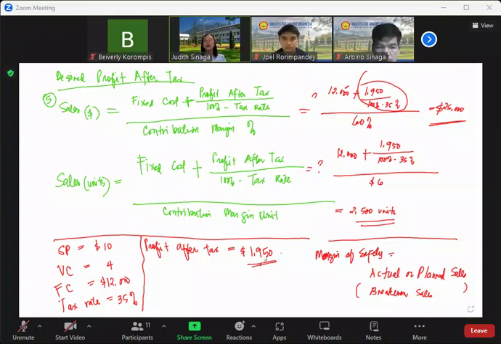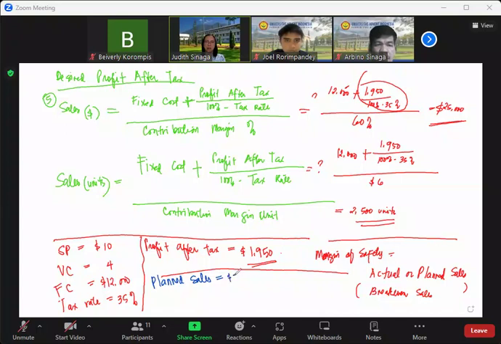Okay. Contoh aja ya. Contoh kita bikin di sini warna biru. Contoh, planned sales kita adalah 30.000. Oh, terlalu kecil ya.